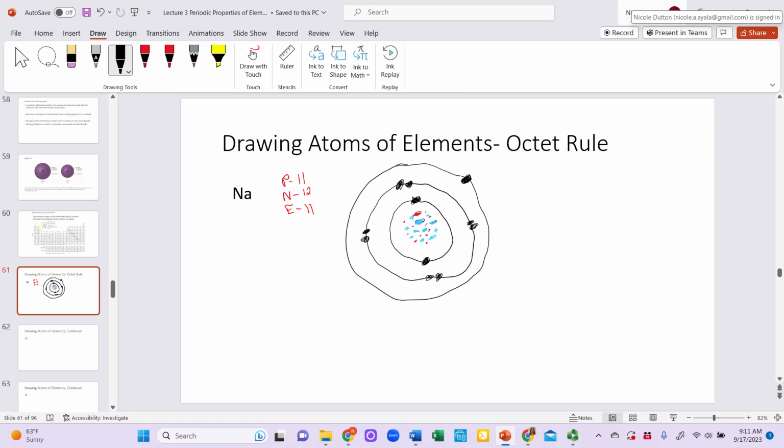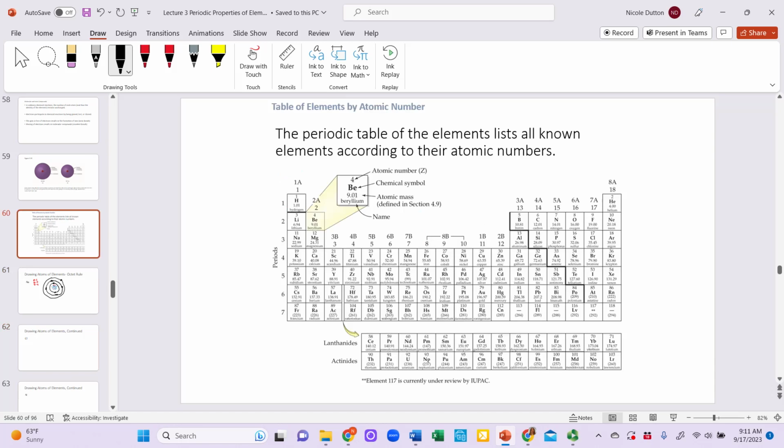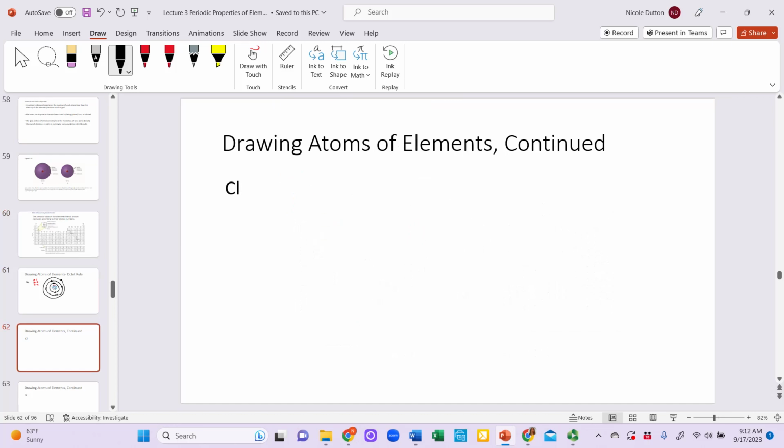So if we draw chlorine, and I think chlorine is next, chlorine from the periodic table, chlorine is here. It has 17 protons. And since it's uncharged, we have 17 electrons.